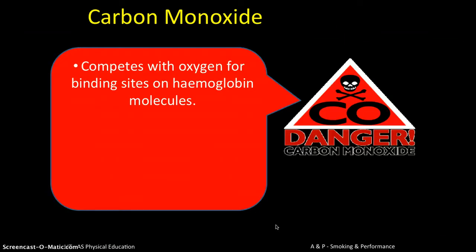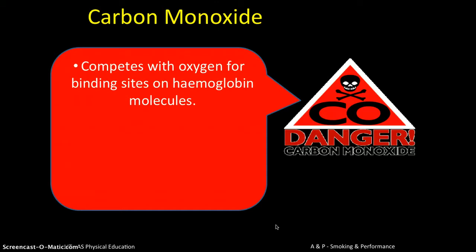But carbon monoxide is better at attaching, or has a higher affinity for hemoglobin. So hemoglobin, given the choice of letting oxygen or carbon monoxide attach to it, will choose carbon monoxide. There is a higher affinity between carbon monoxide and hemoglobin than there is between oxygen and hemoglobin.